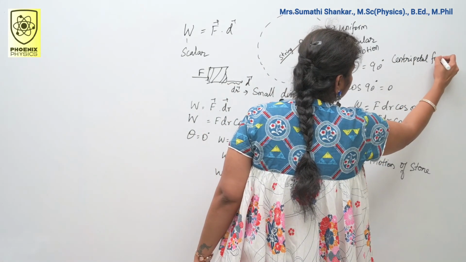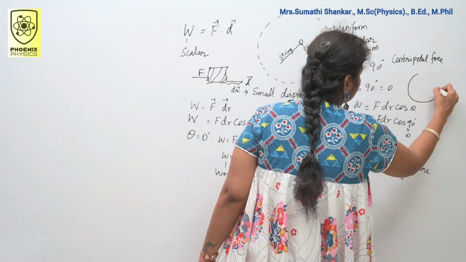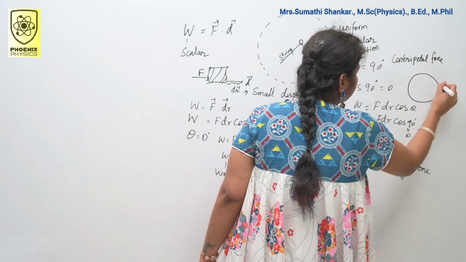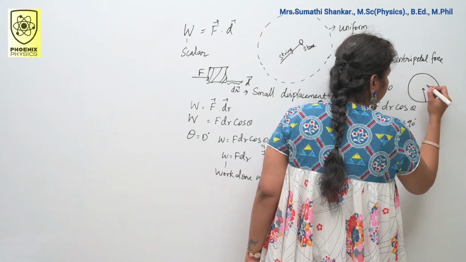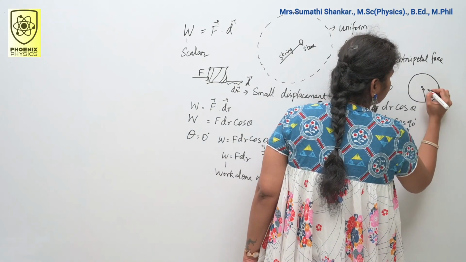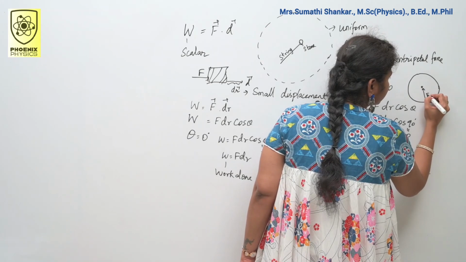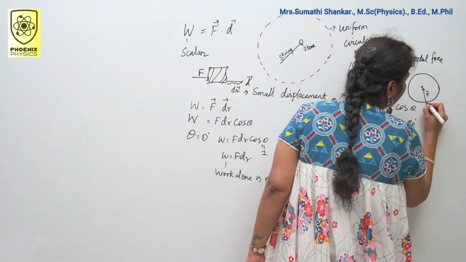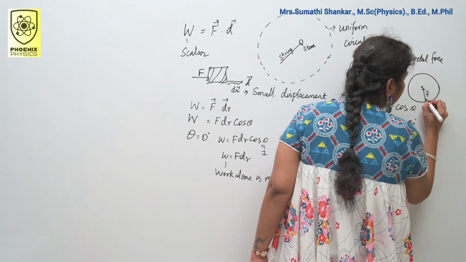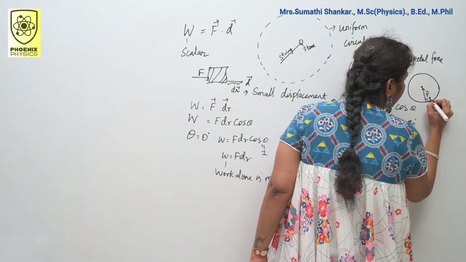This centripetal force always acts towards the center. This is my center, so it will act towards the center and the object will move like this. The angle between the two is 90 degree.